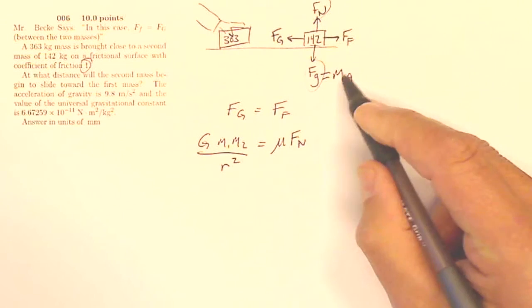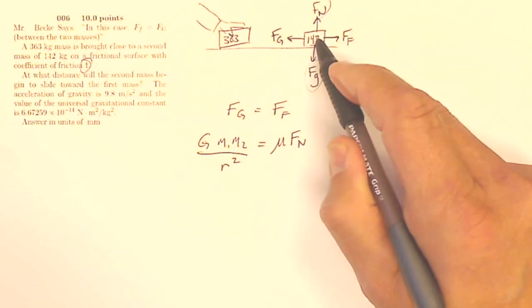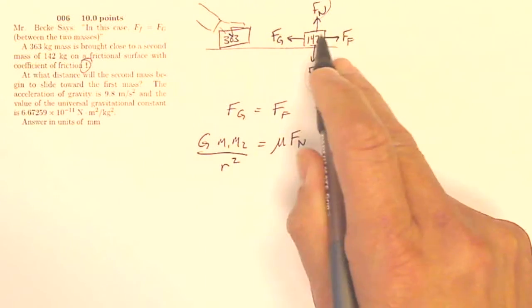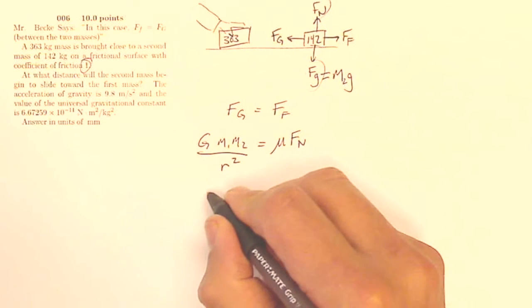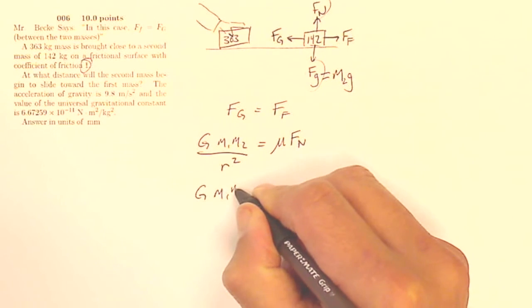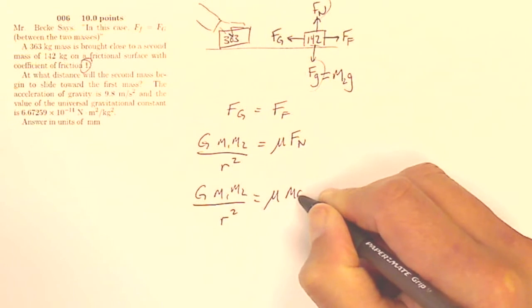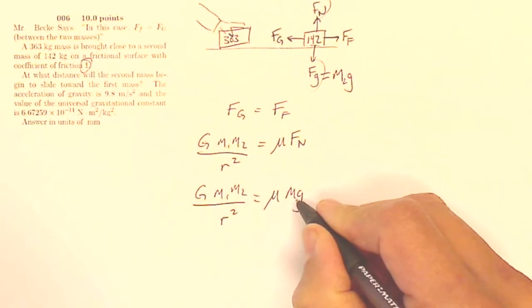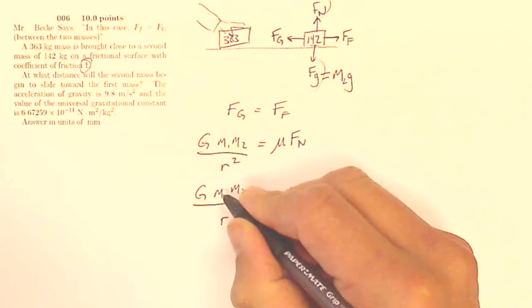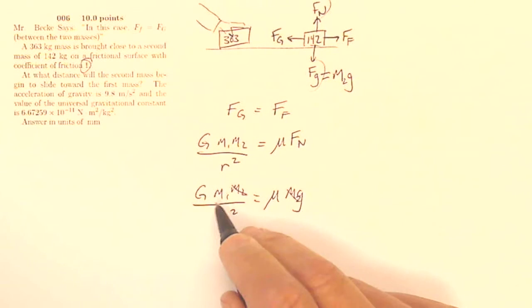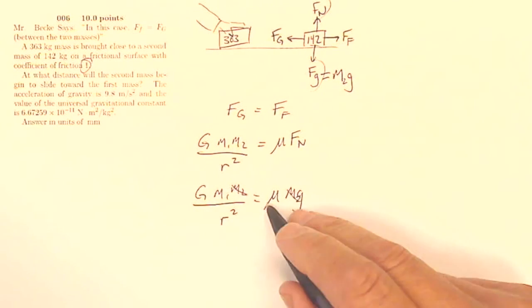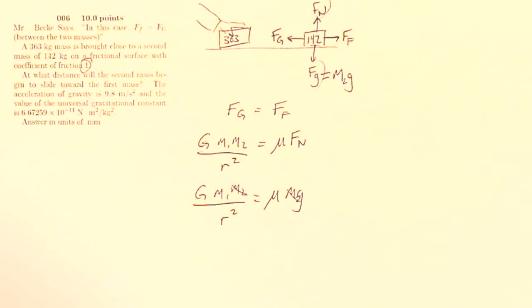This mass is m2. This is m1, this is m2, so I'm just going to call them 1 and 2. So this is G m1 m2 over r squared equals mu times m2 g. You'll notice that m2 cancels out here. So I've got this mass over here that I'm interested in, and then mu times gravity over here.